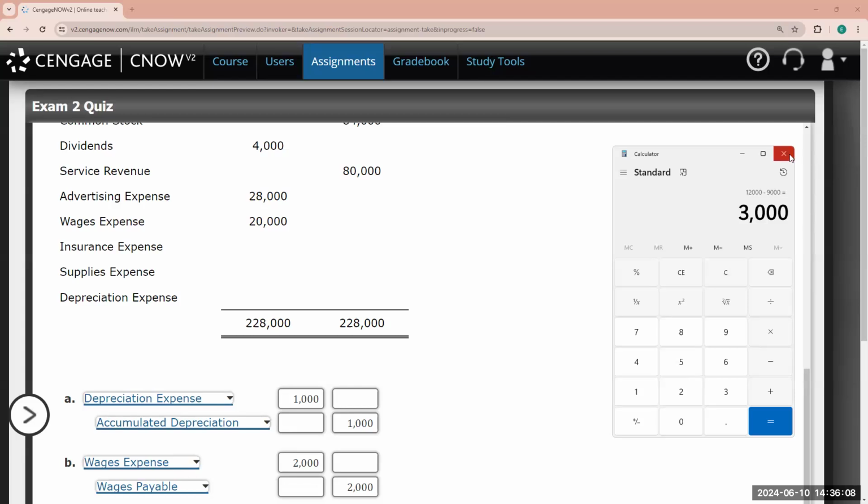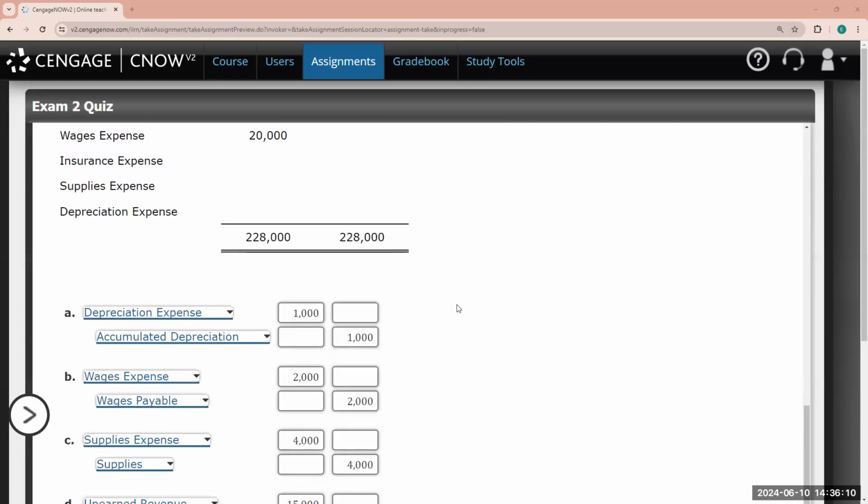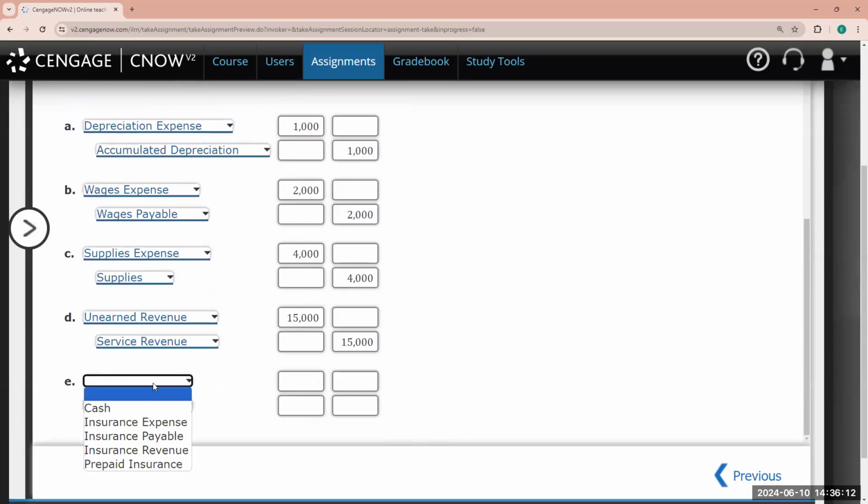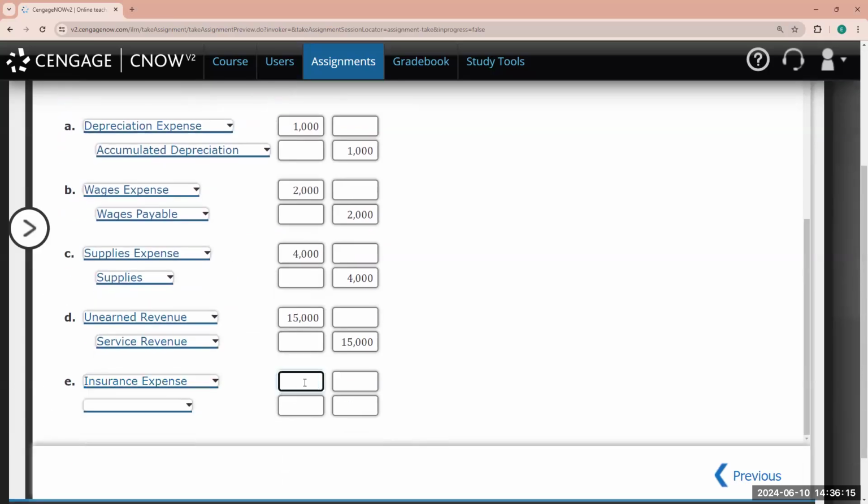So therefore we've used up 3,000. So our journal entry would be a debit to our insurance expense for 3,000 and a credit to our prepaid insurance account of 3,000. And this would be fairly similar to the example that we just saw for our supplies.